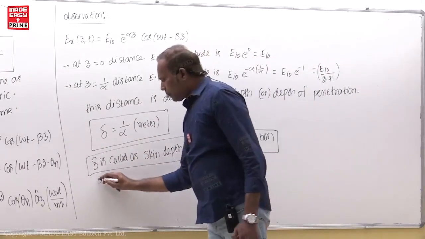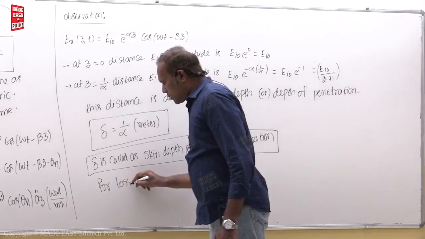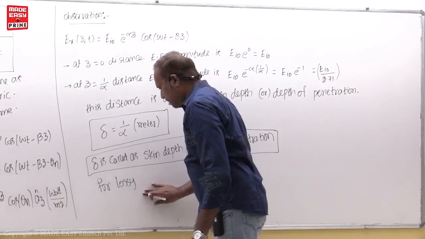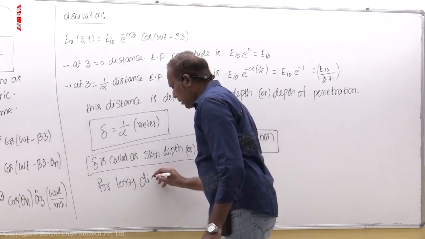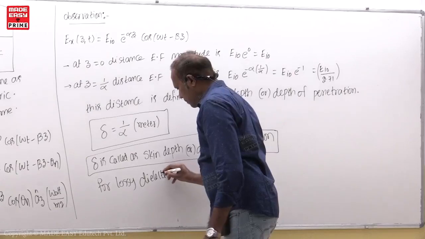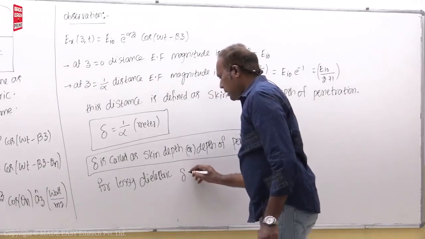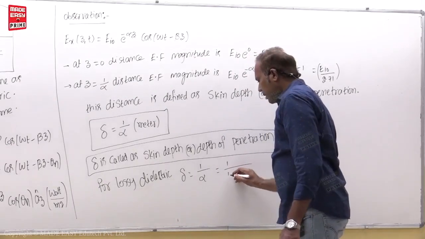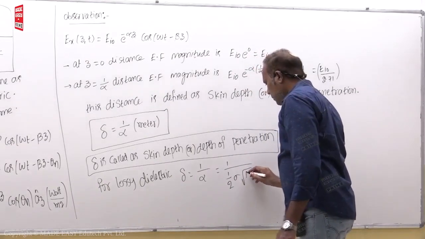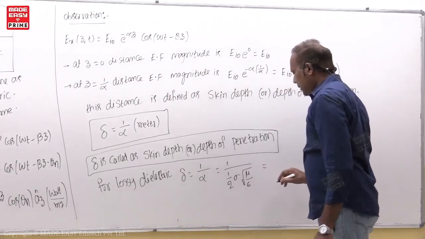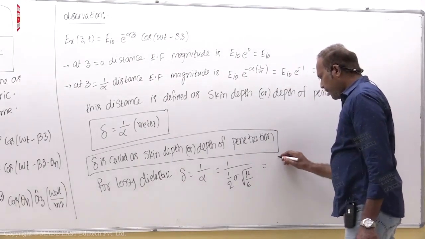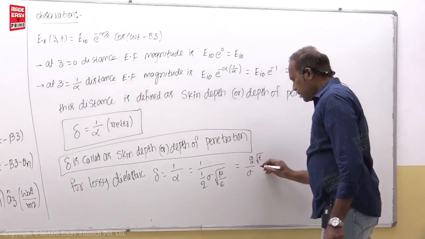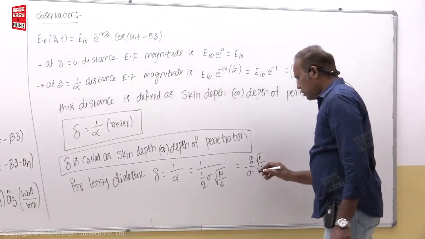So for lossy dielectric, delta is 1 by alpha, that is equal to 1 by half sigma root mu by epsilon, that is equal to 2 by sigma times root epsilon by mu.